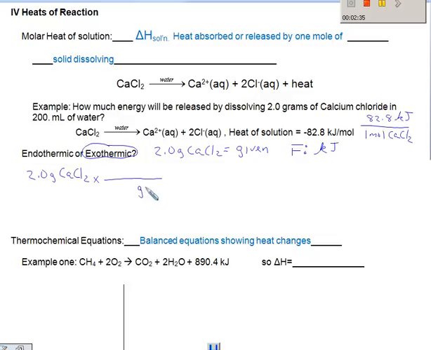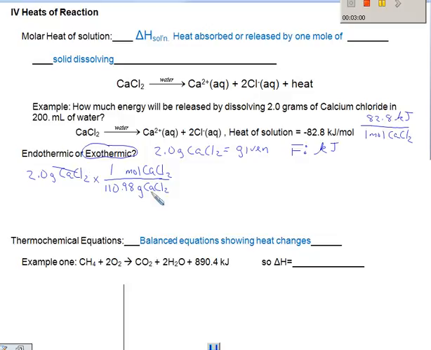So we're going to bring grams of calcium chloride down, and we're going to convert that to moles of calcium chloride. If you calculate the grams of calcium chloride in 1 mole of calcium chloride using the periodic table, you'll figure out it's 110.98 grams.